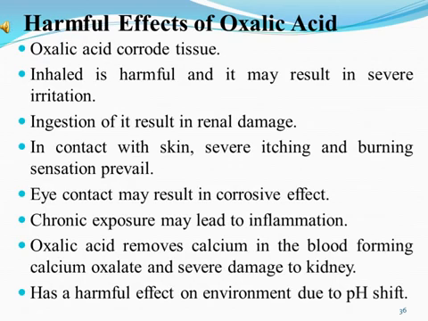Eye contact may result in a corrosive effect. Chronic exposure may lead to inflammation. Oxalic acid removes calcium in the blood, forming calcium oxalate and causing severe damage to the kidney. It has a harmful effect on the environment due to pH shift.